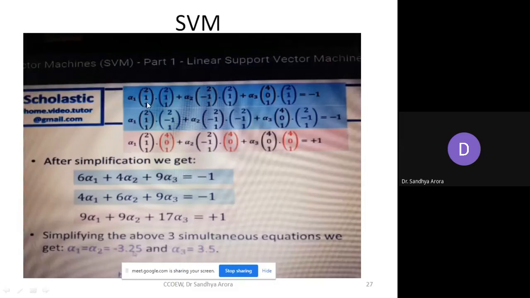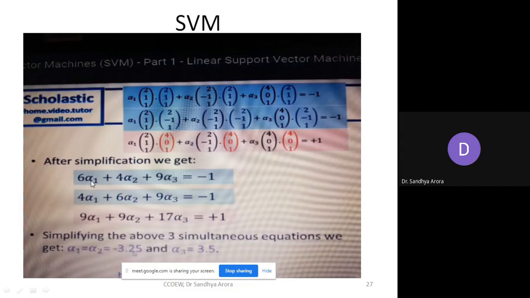From the first equation, simplify it. How will you simplify this? Multiply 2 with 2, add 1 multiplied by 1, plus 1 multiplied by 1. Two twos are 4, plus 1 is 5, plus 1 is 6.